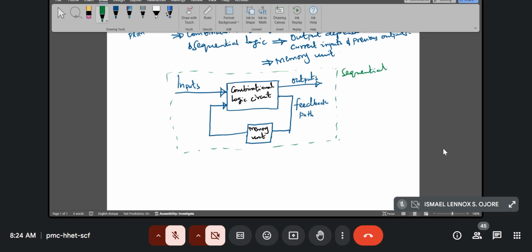And within sequential systems, we can have synchronous and asynchronous sequential logic.